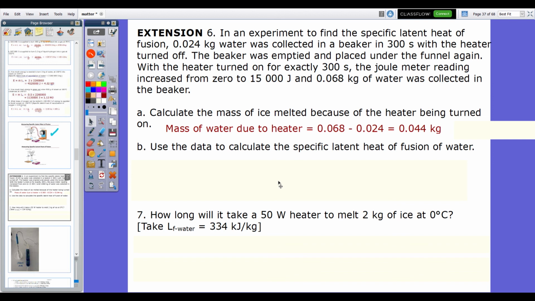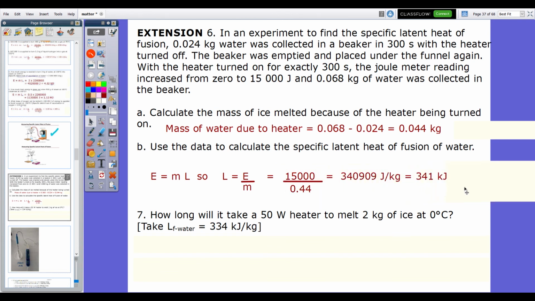Well, for that we're going to use E equals ml, so L equals E over m. What was the energy that we put in to melt that extra water? That was the energy from the heater, 15,000. What's the mass? 0.44. And that gives us a value of about 341 kilojoules per kilogram.